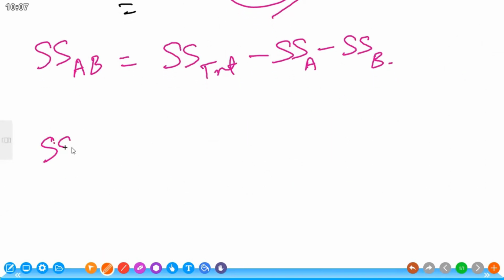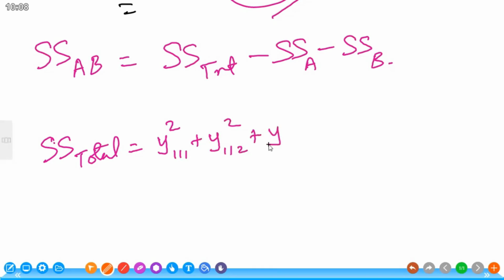Then the sums of square of total is calculated as y111 square plus y112 square plus y121 square plus, likewise, it goes up to the last component.